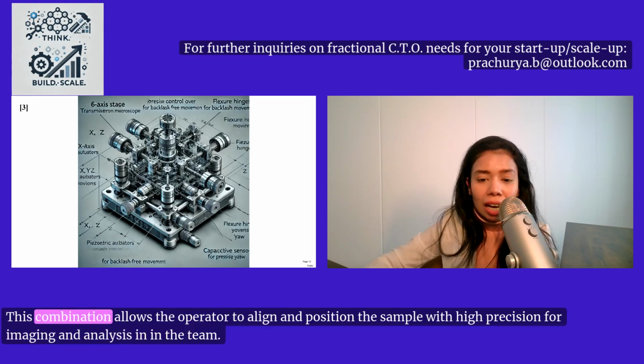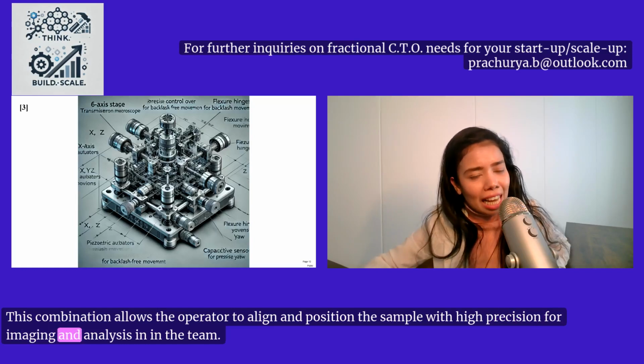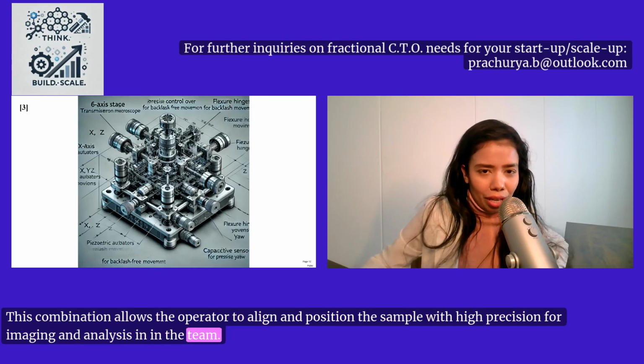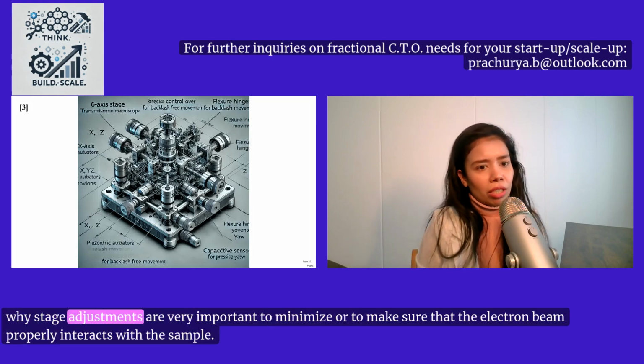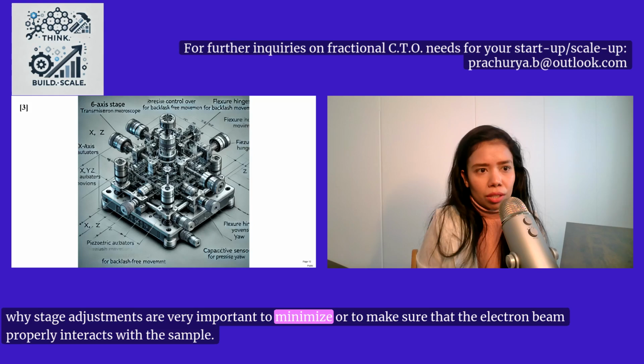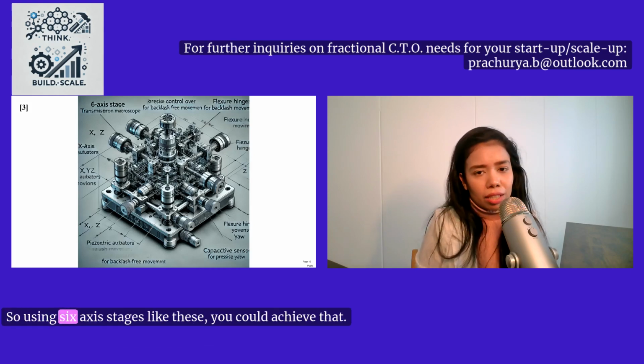This combination allows the operator to align and position the sample with high precision for imaging and analysis in the TEM. Remember, I was talking about why stage adjustments are very important, to make sure that the electron beam properly interacts with the sample. So using 6-axis stages like these, you could achieve that.